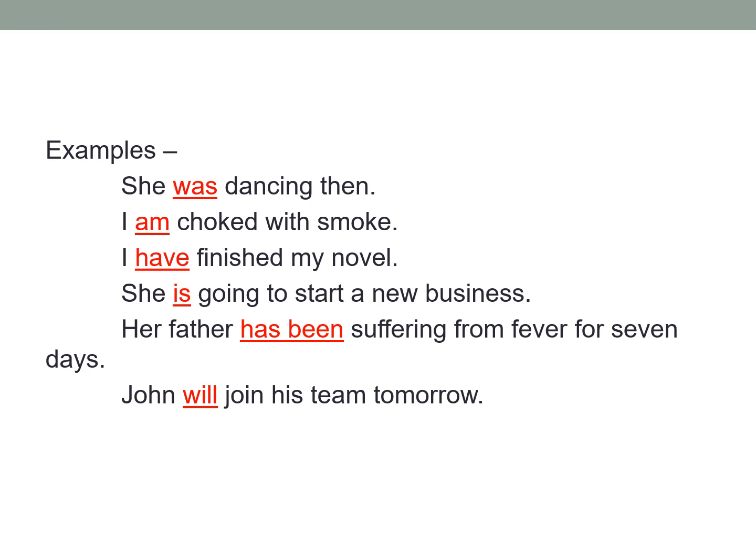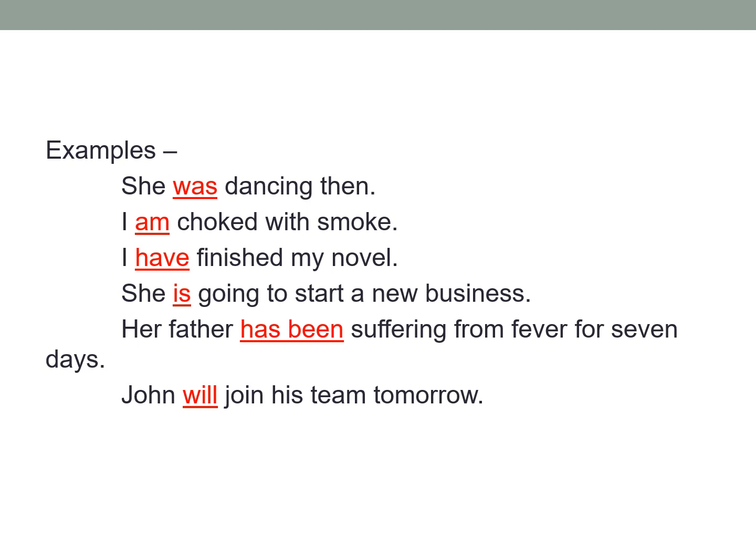Now let's see another example. She is going to start a new business. In this sentence, you can see three verbs, right? Yes. Here, the three verbs are is, going, and start.